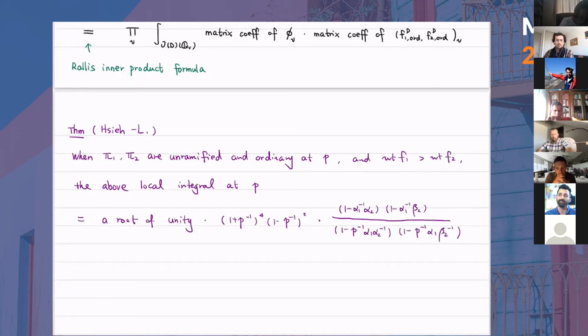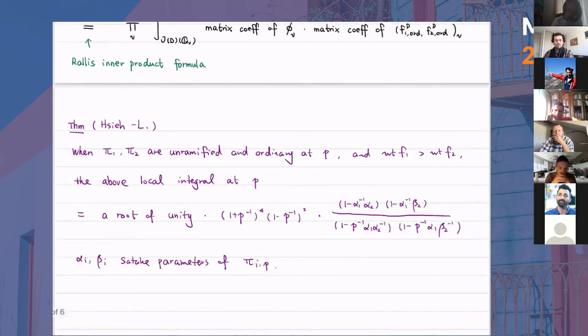And here alpha_i and beta_i are Satake parameters of the local representation pi_i at p. And this factor, one can also recognize it. This is actually the modified Euler factor for the Rankin-Selberg L-function at 1.